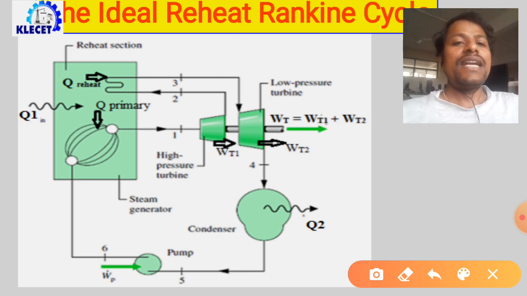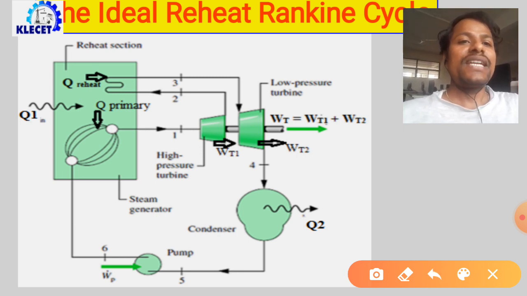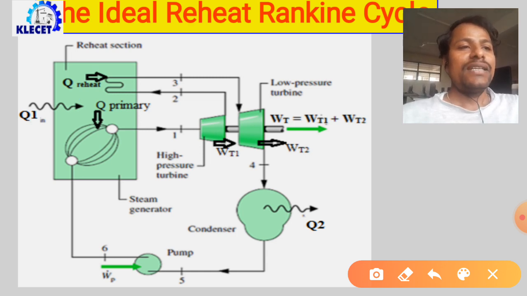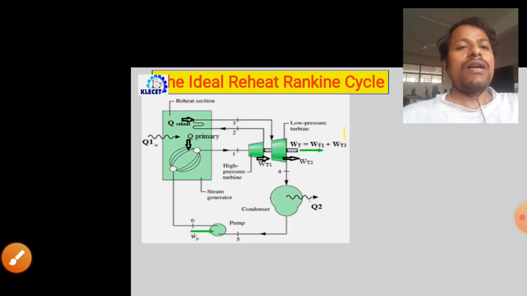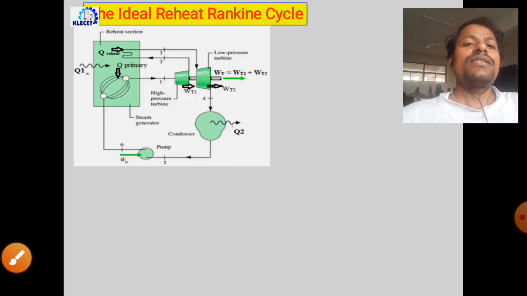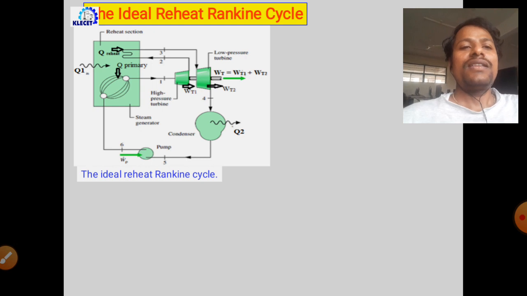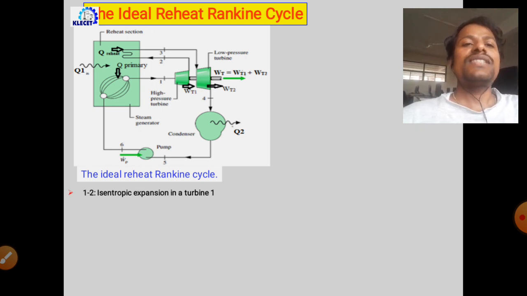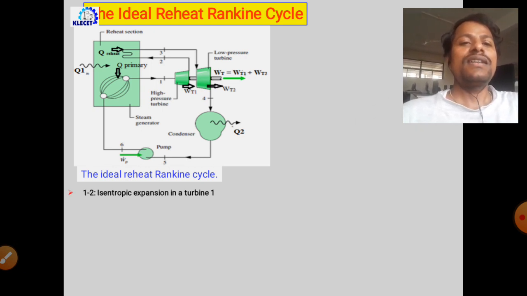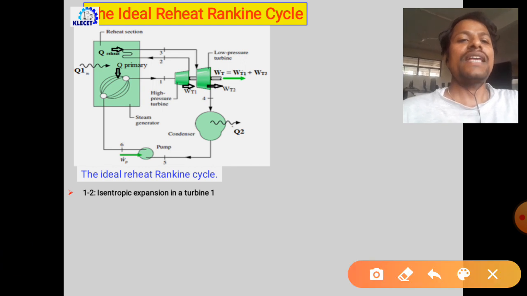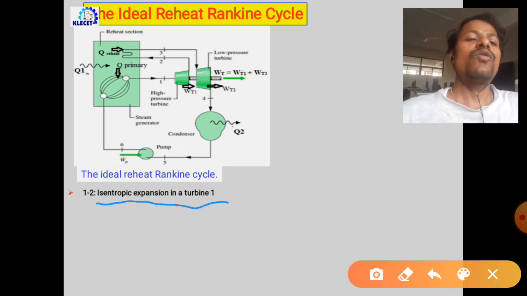After understanding the schematic diagram, let us understand about the process names. What is the first process? The first process is isentropic expansion in turbine 1.